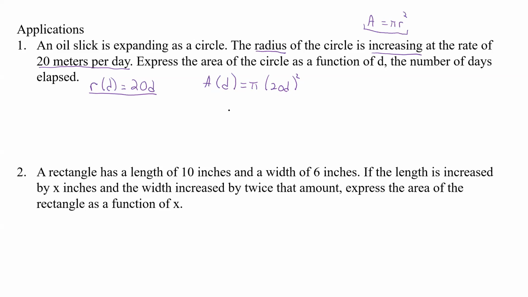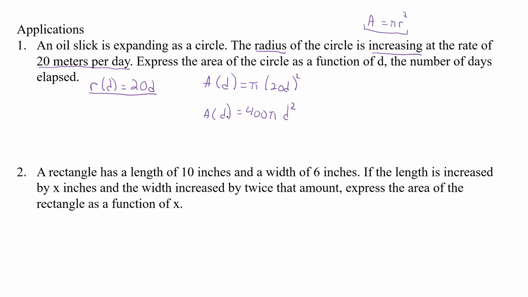Now we have to square that. That's going to be 20 times 20, which gives us 400. Then we still have pi, and now we have d squared. So instead of r squared, it's based on d squared, the number of days squared, and so that's going to be our area.